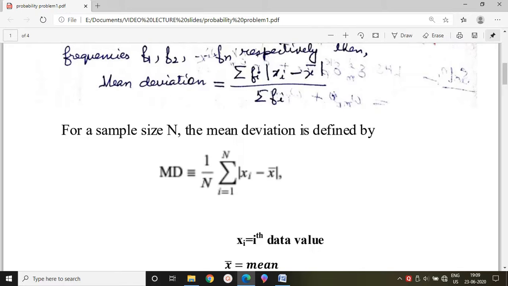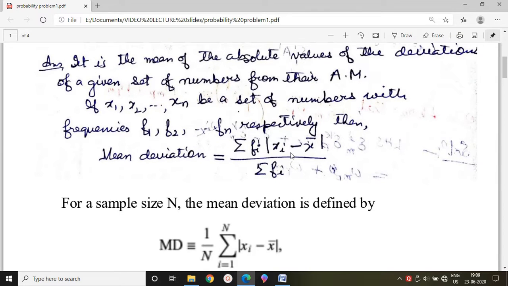Very simple. Next, we try to find the mean deviation for a frequency distribution. Suppose fi is the frequency of the variable xi. Then you find xi minus x bar, where x bar is your arithmetic mean, which you have to find previously. Then you take the absolute value of xi minus x bar and multiply by fi.